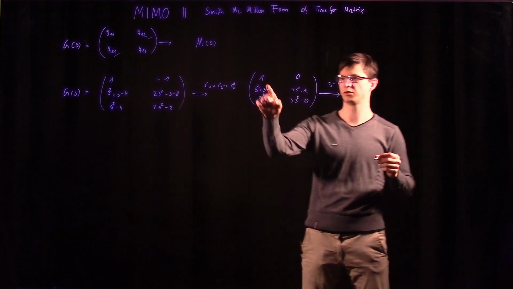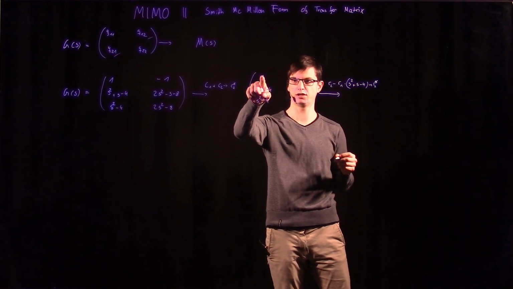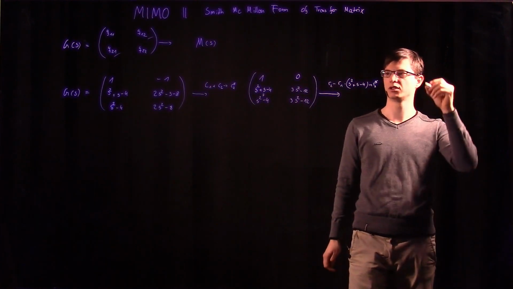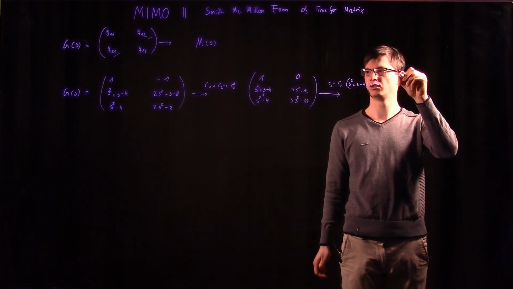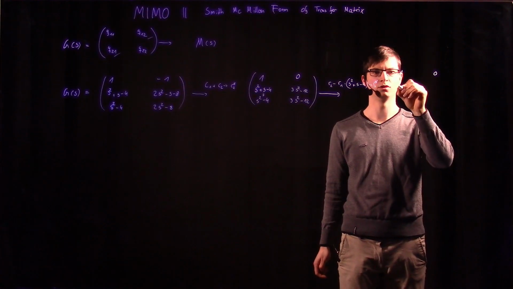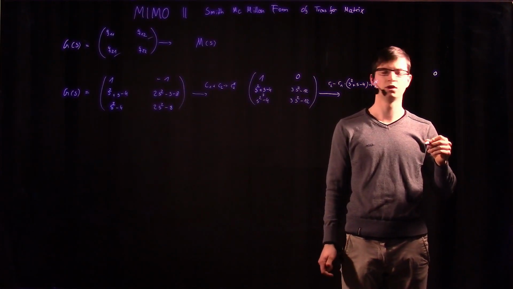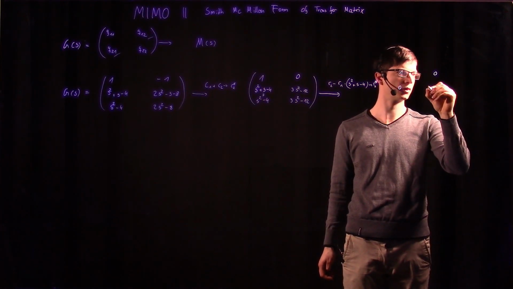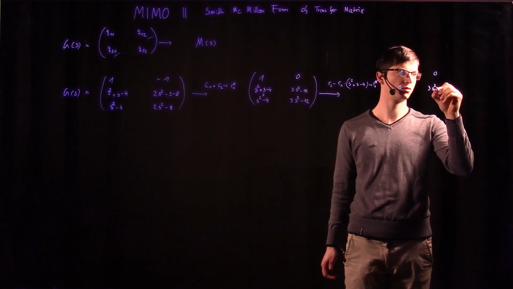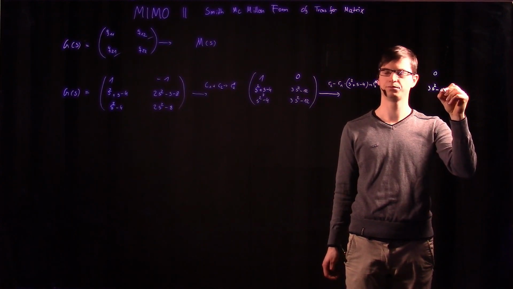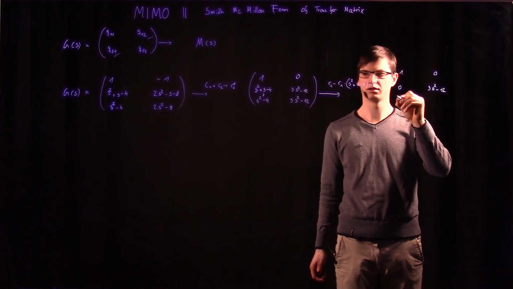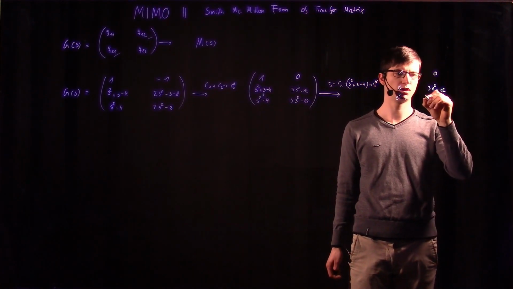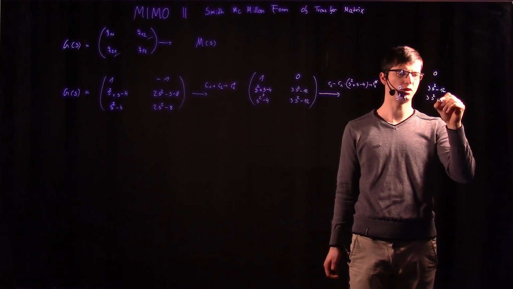What we get is that we cancel out location 2,1 completely. So we get 1, 0, 0. Furthermore, we get 3s squared minus 12, s squared minus 4, and 3s squared minus 12 again.